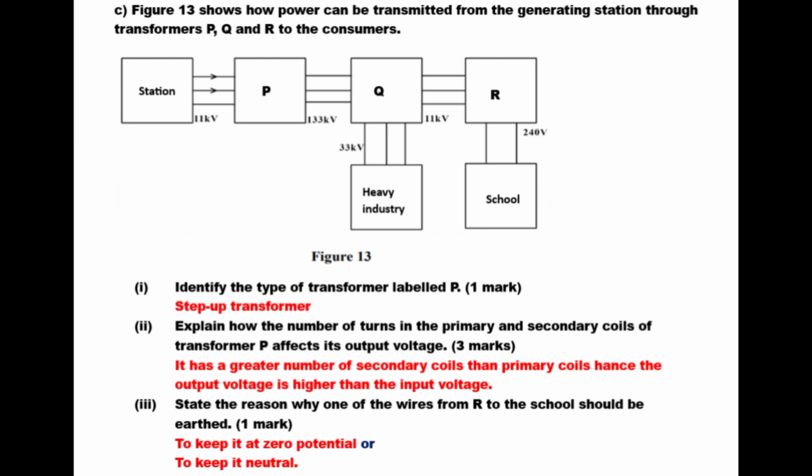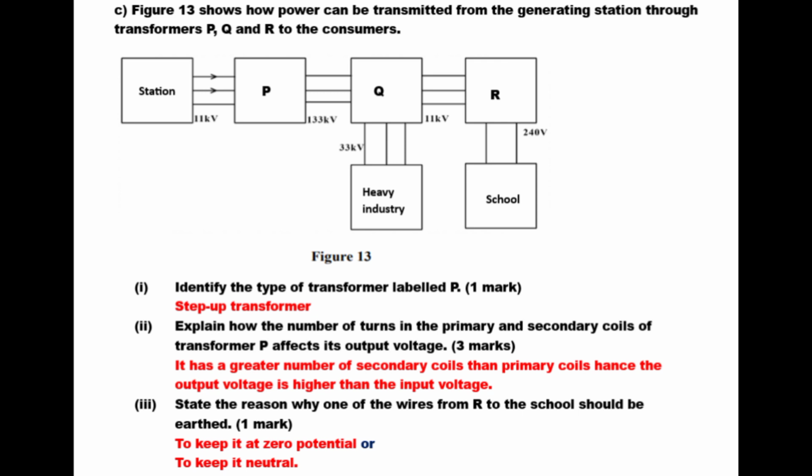Roman 2, explain how the number of turns in the primary and secondary coils of transformer P affects its output voltage. It has a greater number of secondary coils than primary coils, hence the output voltage is higher than the input voltage.